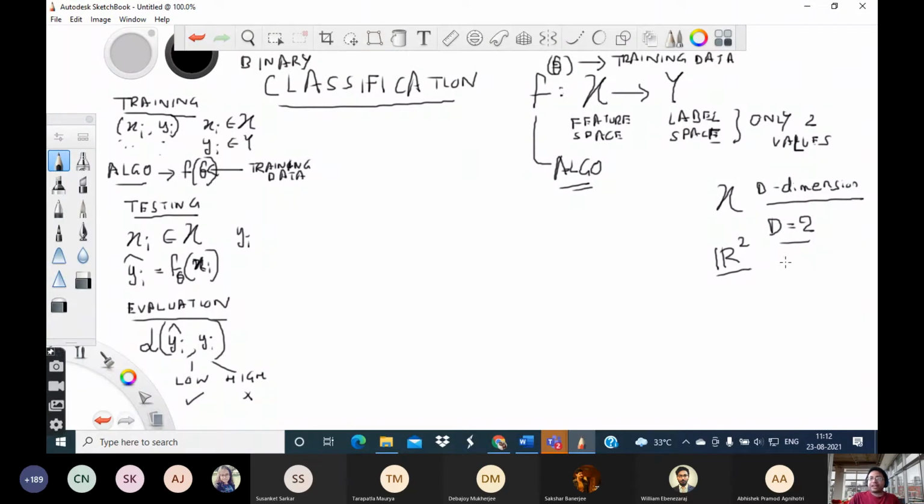That means every element lying in the feature space is a collection of x1, x2, where both x1 and x2 are real numbers. Let's make an even further assumption: both x1 and x2 lie within the range of 0 to 10.